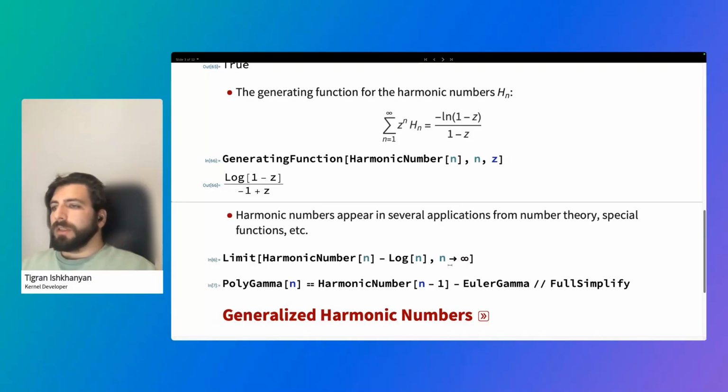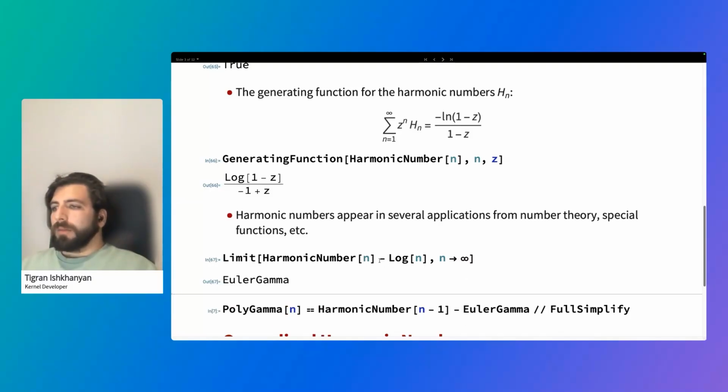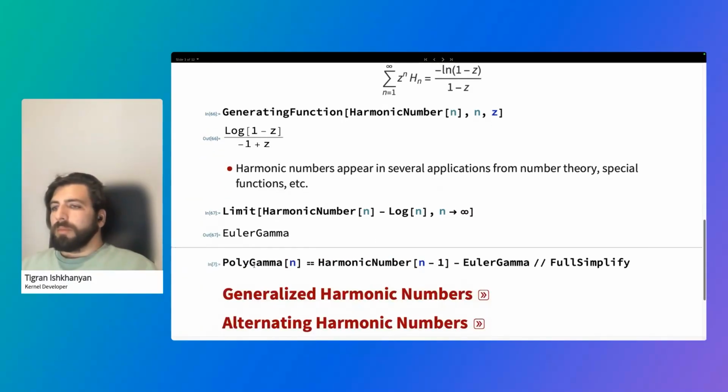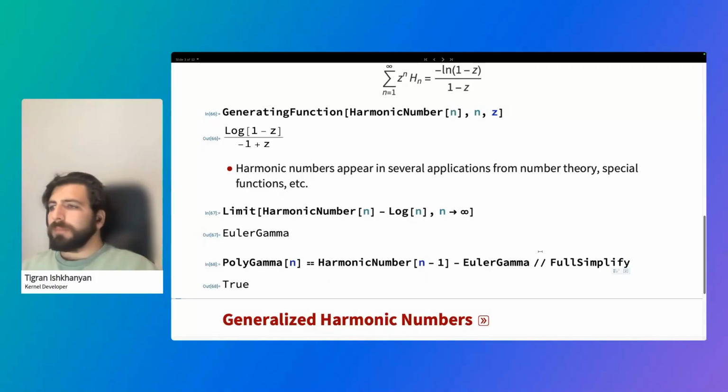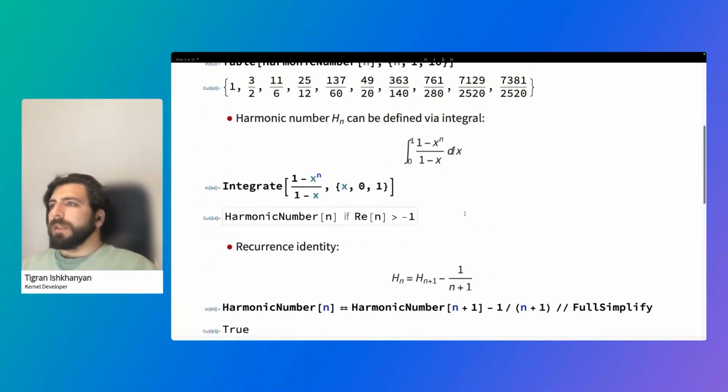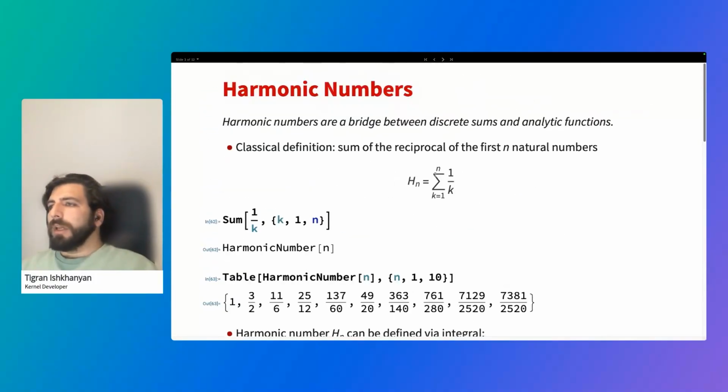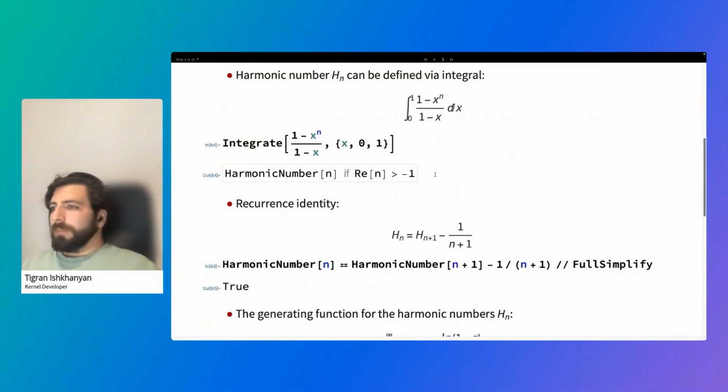Two examples are presented here: the limit related to the harmonic number, which is Euler's gamma constant, and the polygamma of order 0, which is nothing else than the digamma function, which can be written in terms of harmonic numbers. The point is that this definition of harmonic number can be generalized, and let's talk about that.